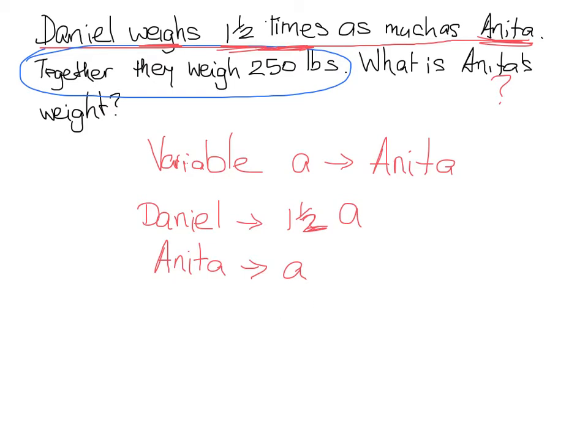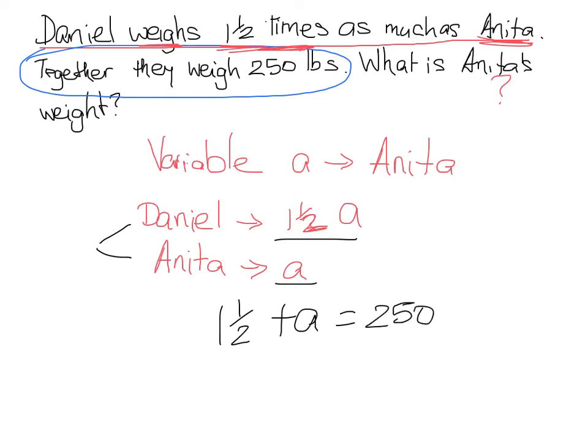So together, we know that they weigh 250 pounds. So we know that we're going to have to add these two things up, and when we do, we'll get 250 pounds. So 1.5A plus A, that's their weight together, should give you 250 pounds.